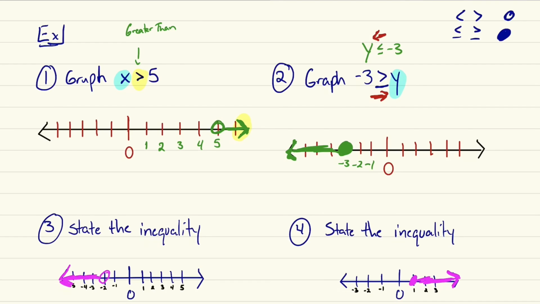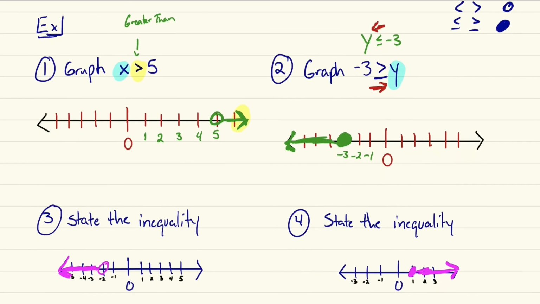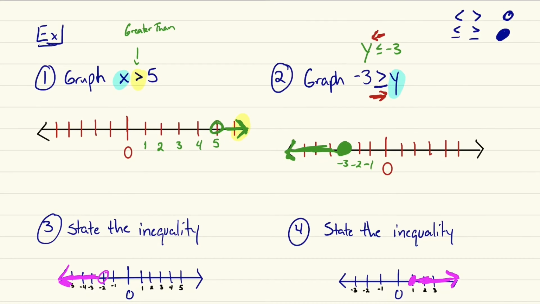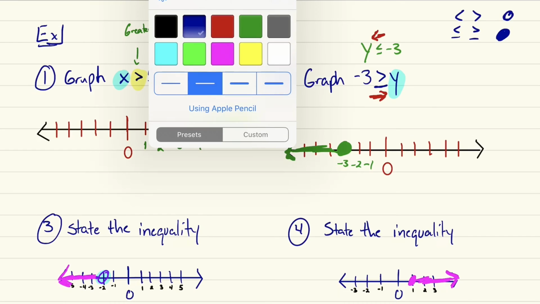All right, so moving on to the last little bit of our problems here, we have number 3, state the inequality. The first thing that I notice, and I'll highlight this in blue, is that I have an open circle at -2. So that means I'm either going to use less than or greater than. I need to go ahead and write my equation.